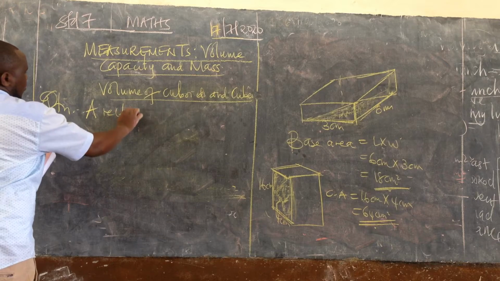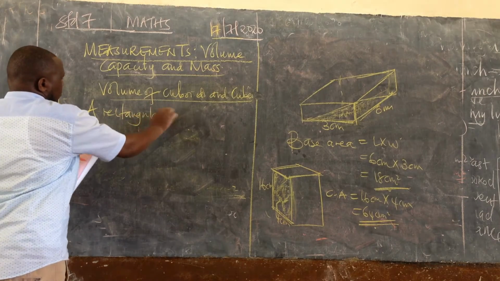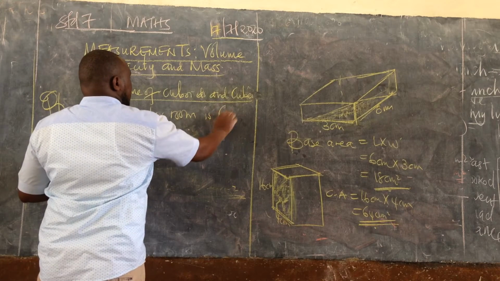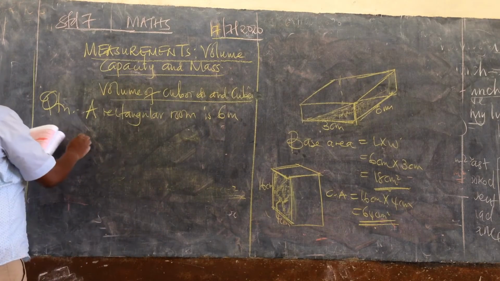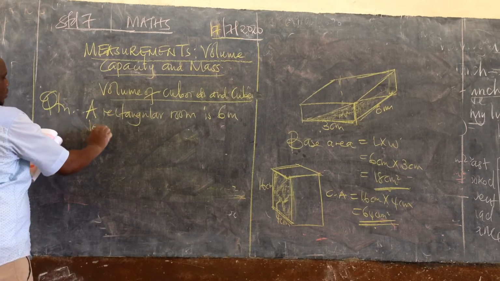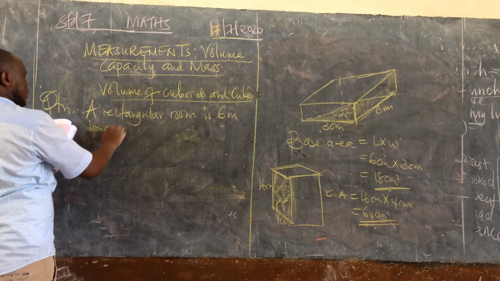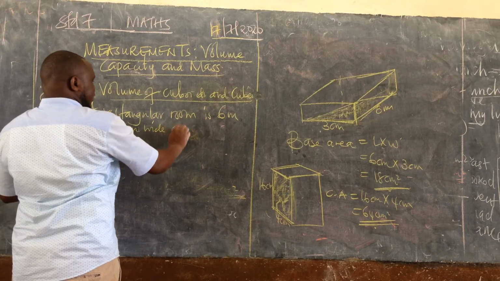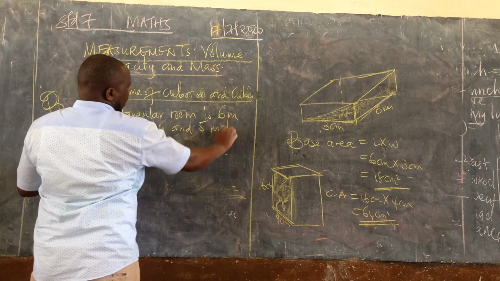A rectangular room is 6 meters long, 4 meters wide, and 5 meters high.